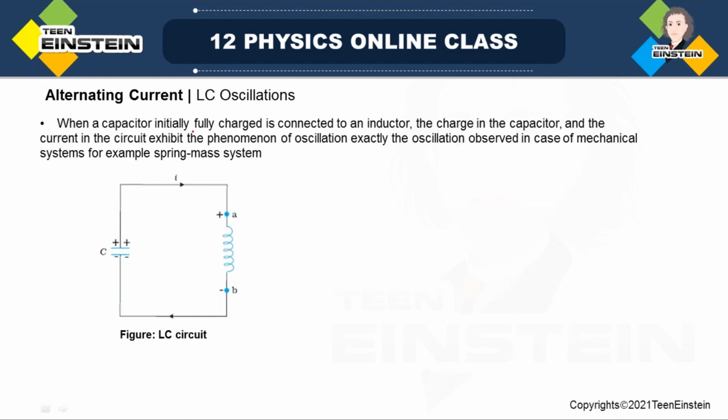When a capacitor which is initially fully charged is connected to an inductor coil, the charge in the capacitor and the current in the circuit exhibit an oscillation that is called electrical oscillation, which is exactly similar to the oscillations observed in mechanical systems, for example a spring mass system or spring block system.